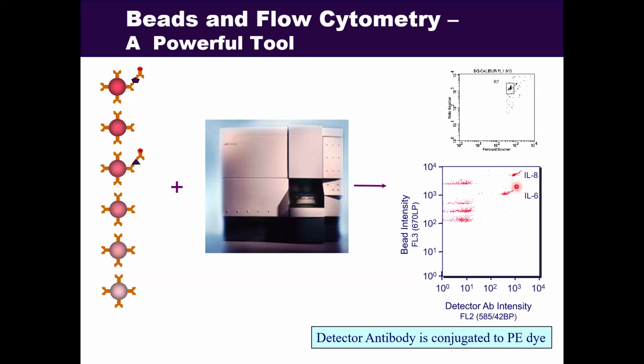As there is a higher signal for these cytokines, this particular sample has this much. Through some calculation, we have a software through which we can tell you the exact amount of those cytokines, like this many picograms of cytokine inside the sample.